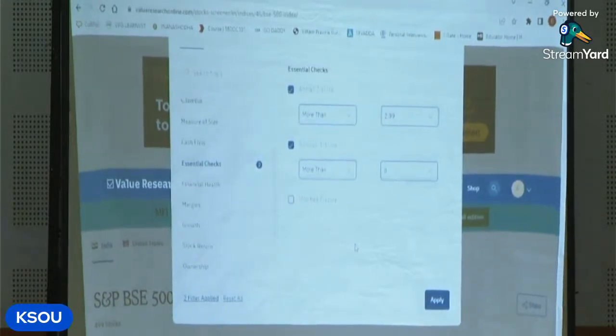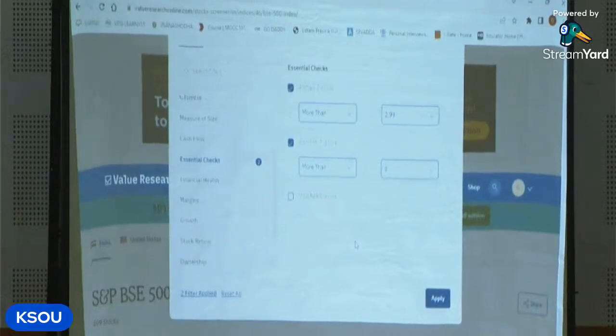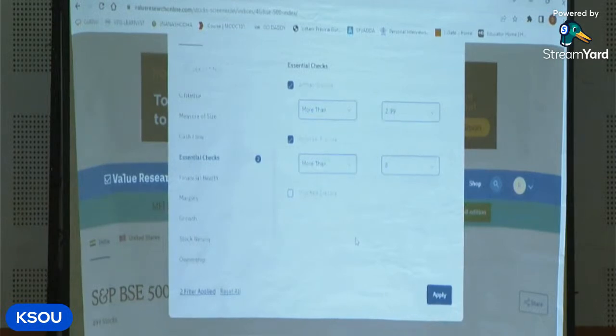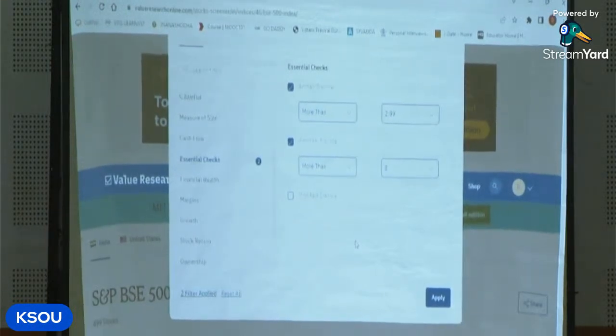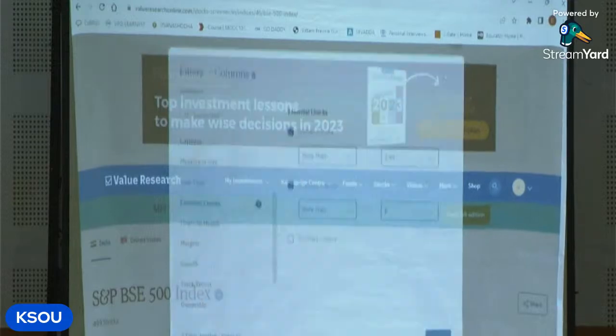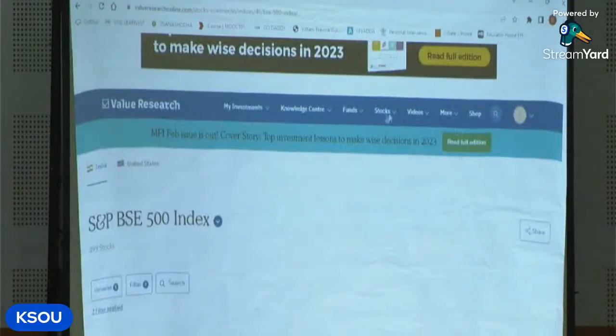This is one such model, Piotroski F score, very popular. But the only limitation is, if you select stocks using this, it is good only for short term, that is medium term investment, 1 year, 2 years. If you want to go for very long term investment, then many other models are available.